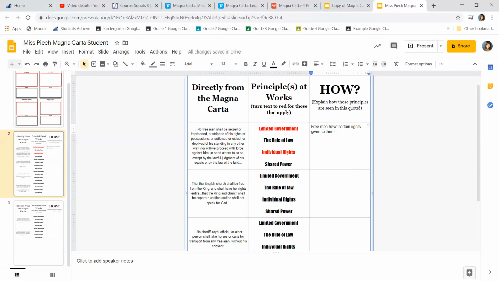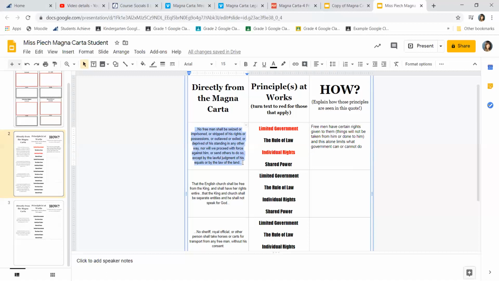And if I wanted to, and you don't have to include this part, I could also explain how things will not be taken from him or done to him. And that concept alone limits what government can or cannot do.